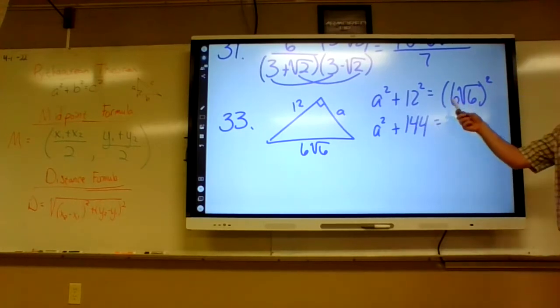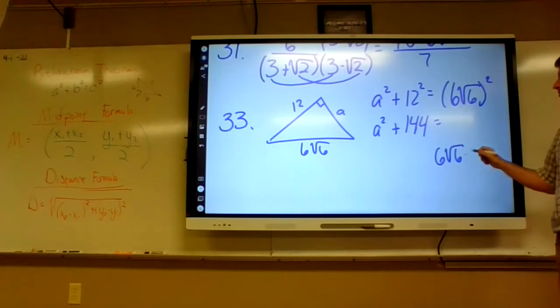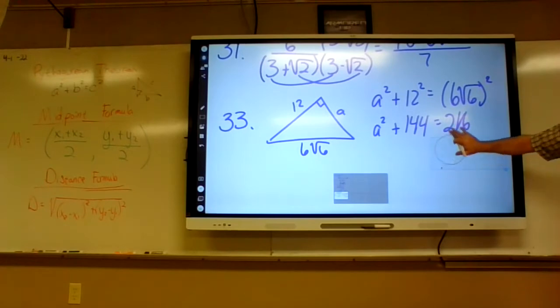Now, you could do this without a calculator. The square root of 6 squared is just 6. So it's 6 times 6 is 36, times 6 is 216. Did you have that memorized or plug it in the calculator?